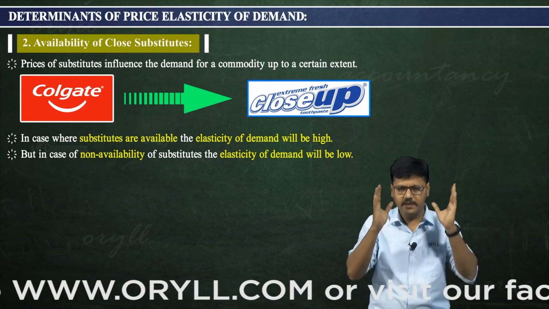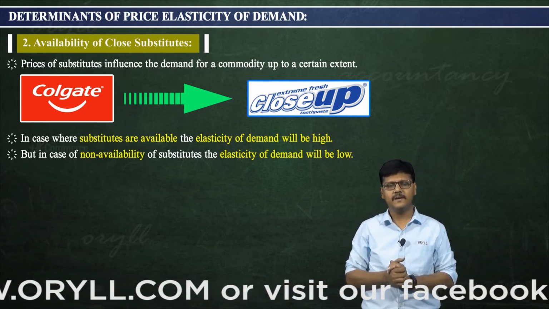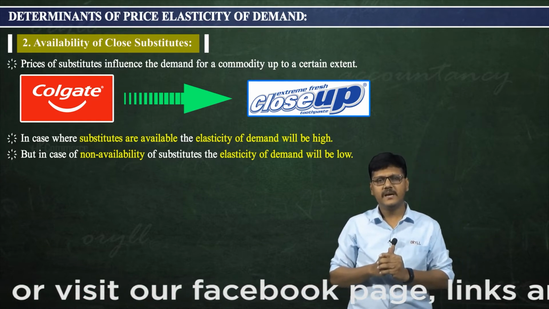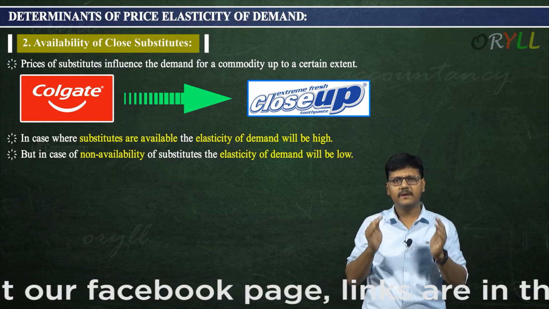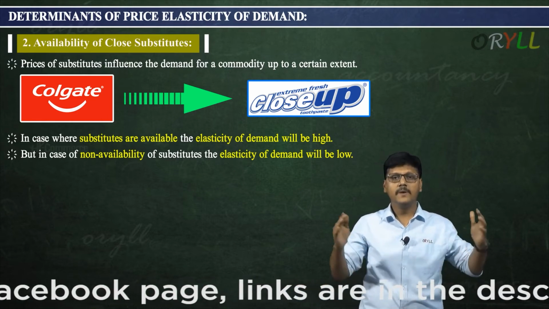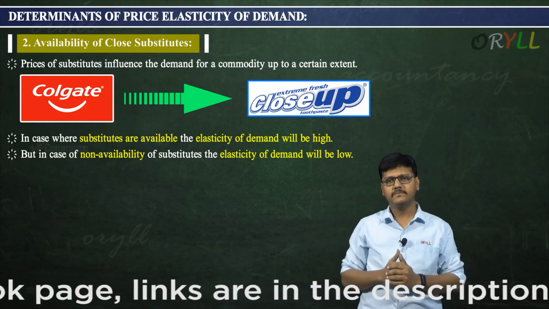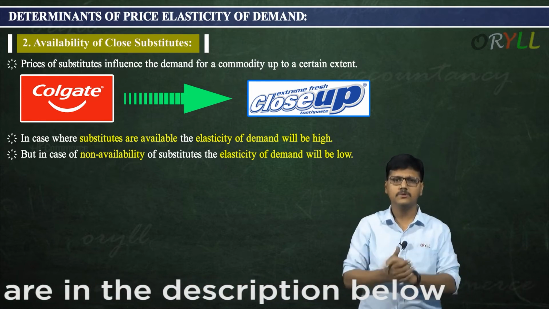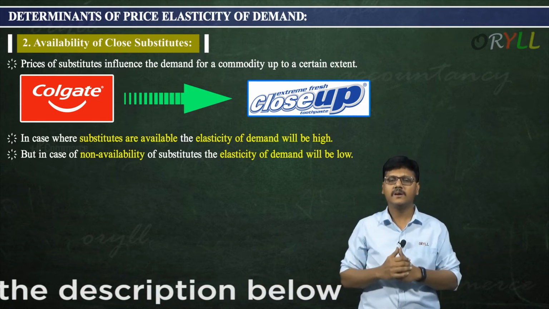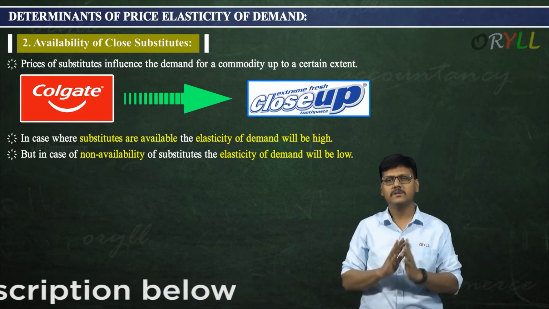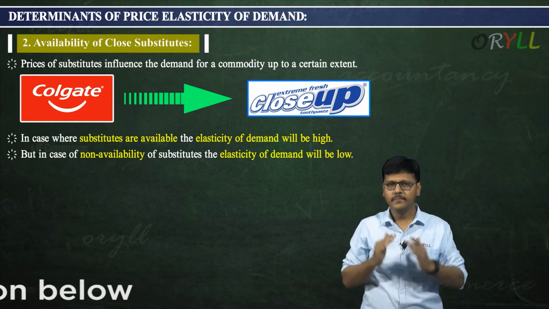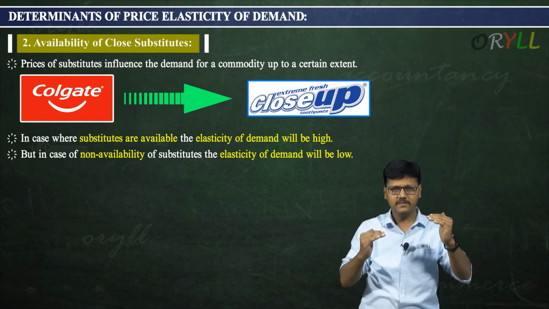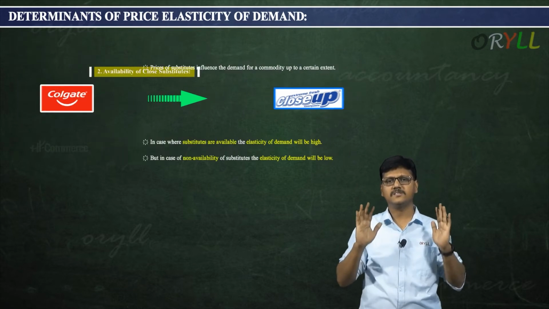Since there are only 3 service providers in the market, whatever the change in the price, we cannot leave them, so the elasticity of demand remains unchanged because the substitutes availability is very less in the market. Hence we have to stick with those whether we like the prices or not. So when availability is more, the demand is elastic. When availability is less, demand is inelastic.